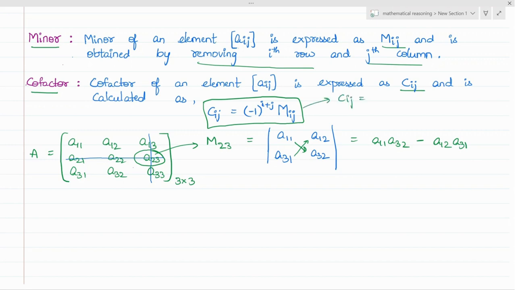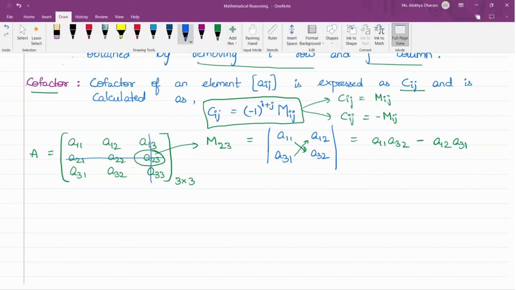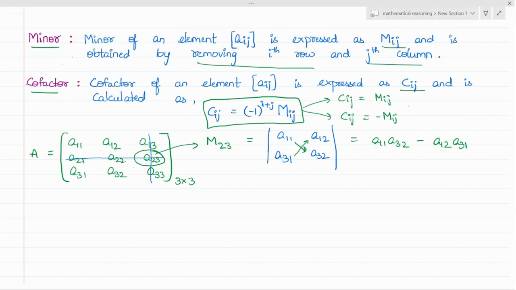Cij is equal to Mij, or Cij is the negative of Mij. So when are these two cases possible? If Cij equals Mij, this case is possible when i plus j is even. If it is an even number, minus 1 to the power of an even number gives you a positive. So when i plus j is even, this case is possible, and when i plus j is odd, it becomes the negative of Mij.